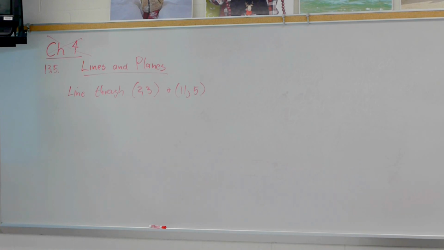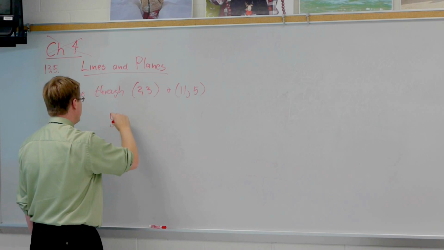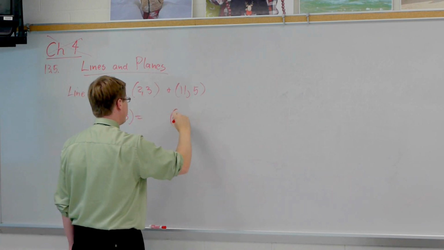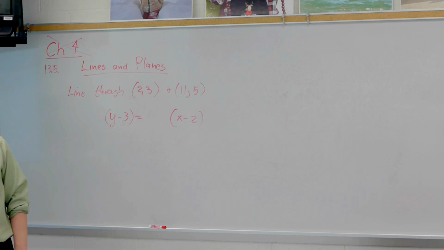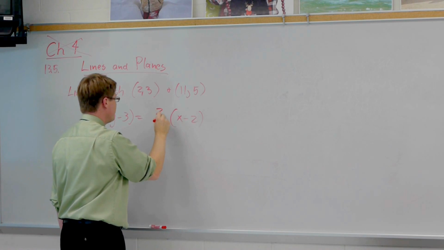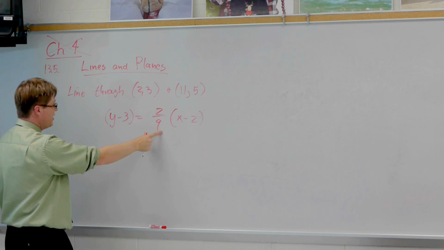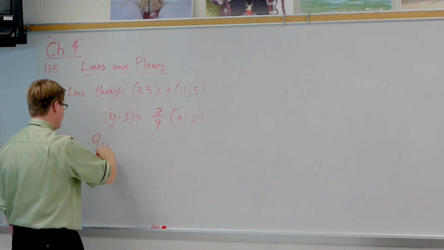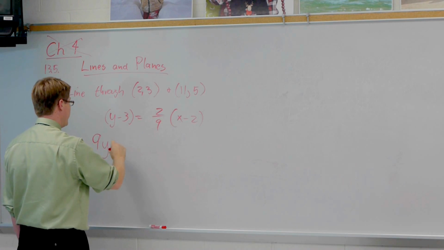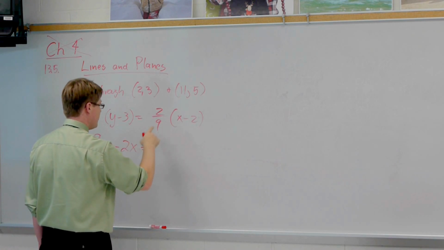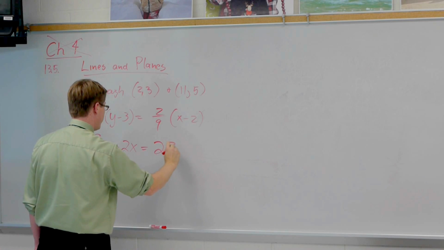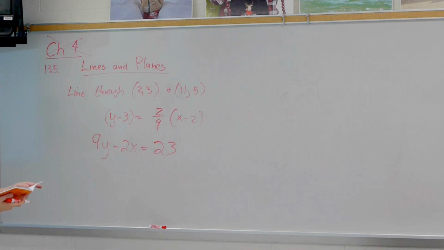And of course, we could all do that in point-slope form. y minus 3 equals m times (x minus 2), and the slope here, delta y over delta x, is 2/9. And if I want to put this in standard form, I can multiply through by 9 and get 9y minus 2x is 27 minus 4, 23.